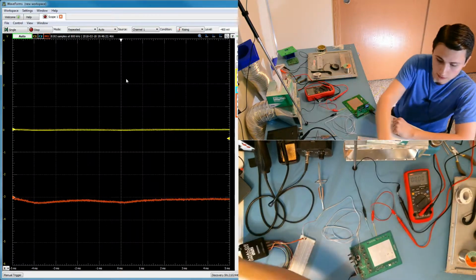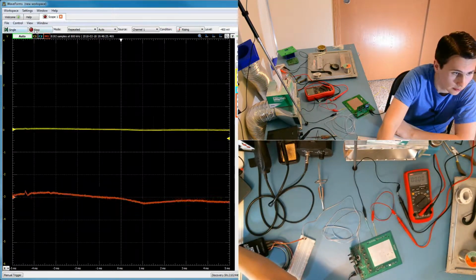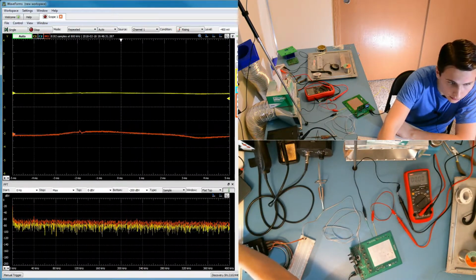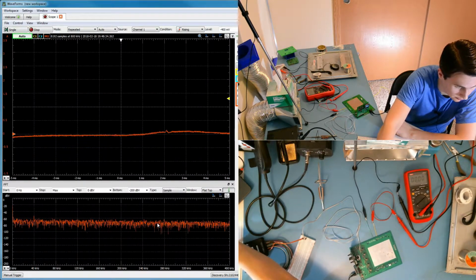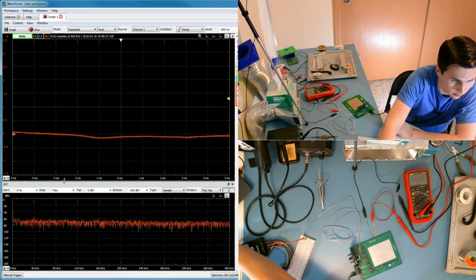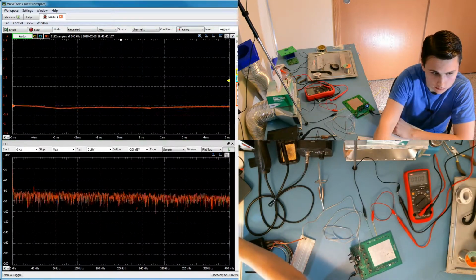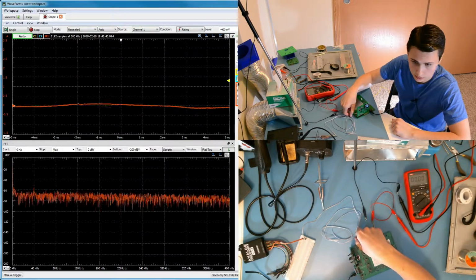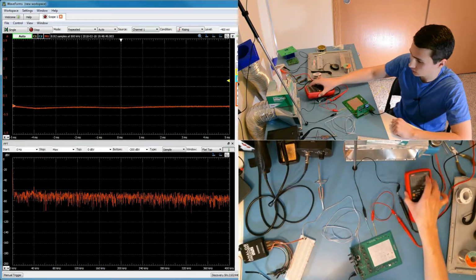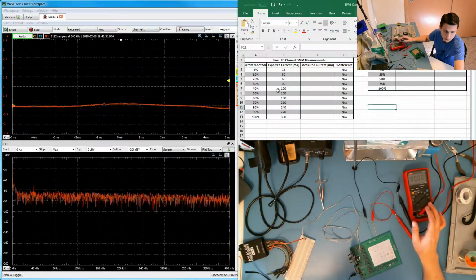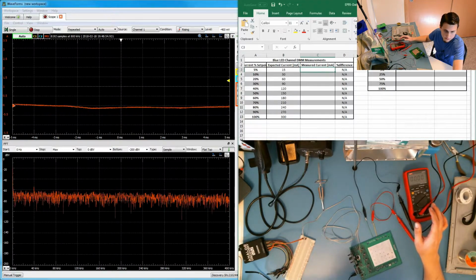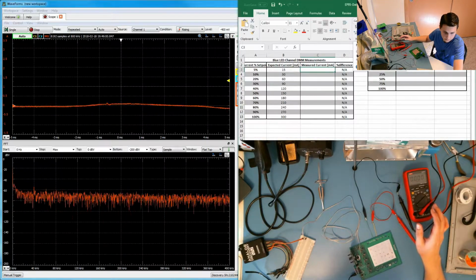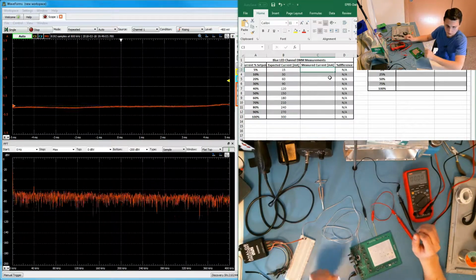With the current probe set up, I have the frequency content plotted on the waveforms window, as well as the time domain signal measured across the current shunt. And then here I've got the multimeter measuring RMS current, and this spreadsheet here for saving data. All right, so let's start putting in the current.